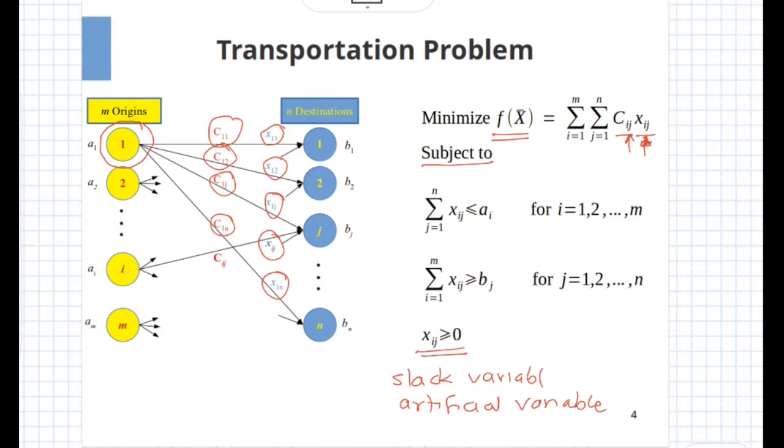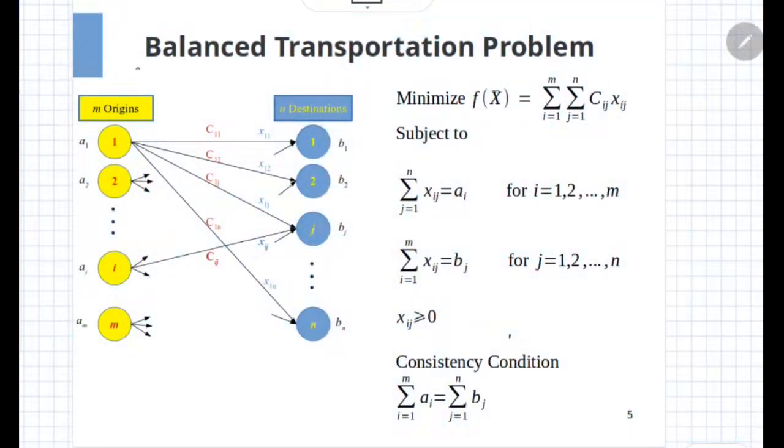Before that, let's see how these inequalities can be converted into equalities. A special type of transportation problem is known as balanced transportation problem, in which case the total quantities which are available at the origins match exactly with the total quantities demanded by the destinations.